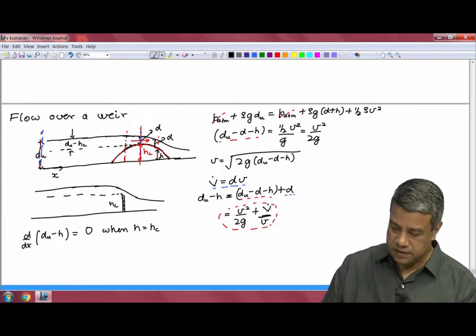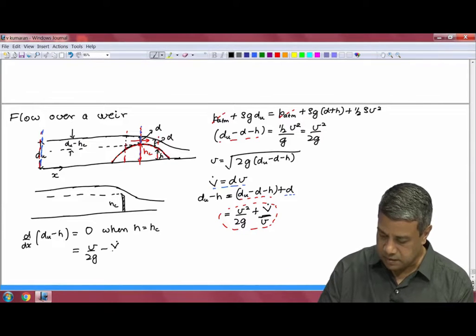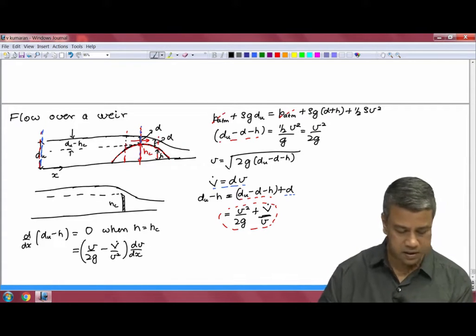If I use that on the left side here, this is equal to v by g minus V dot by v square, times dv by dx, where dv by dx is the variation in velocity along the x direction.